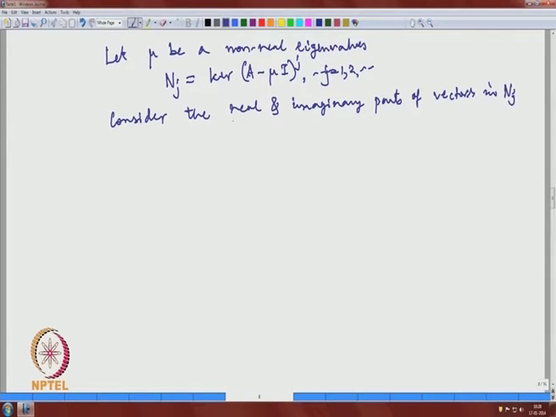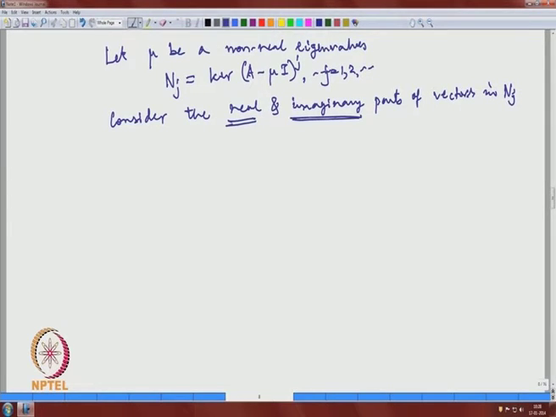That is all you have to do, because remember we want to find only a basis for R^n. Okay. So, we want only the real vectors, and when there are complex eigenvectors you take the real and imaginary parts. They are not eigenvectors, but they are linearly independent as we saw yesterday, and that will do our job. Okay.